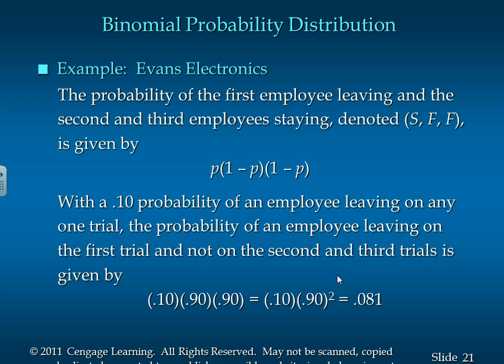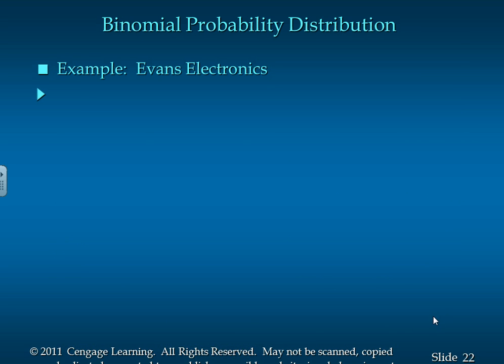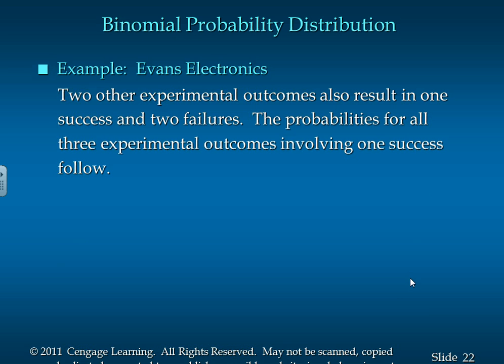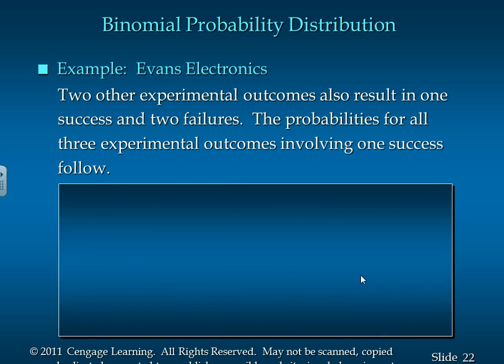So, third trial. Given that I have a stay, leave, 0.081 chance of that happening. I could have an F S F and an F F S or whatever. 2 other experimental outcomes also result in 1 success and 2 failures.